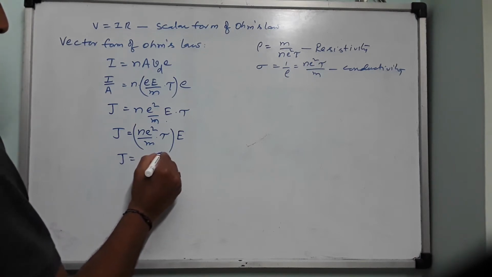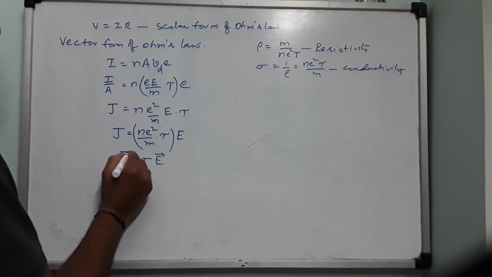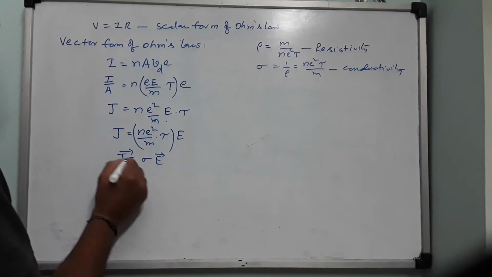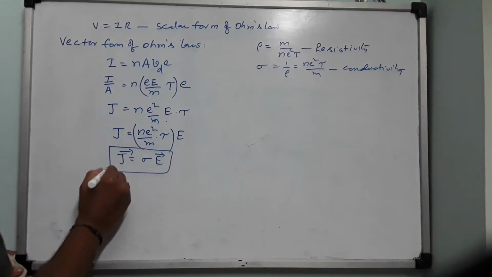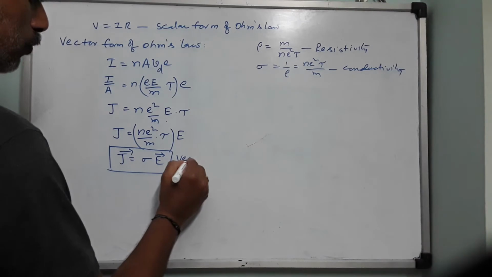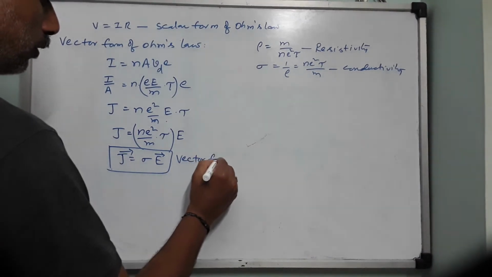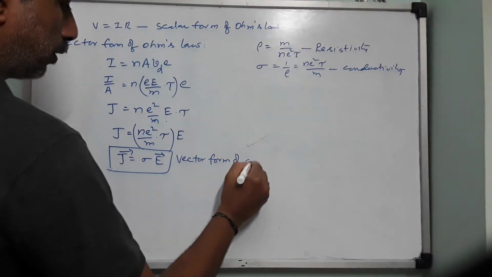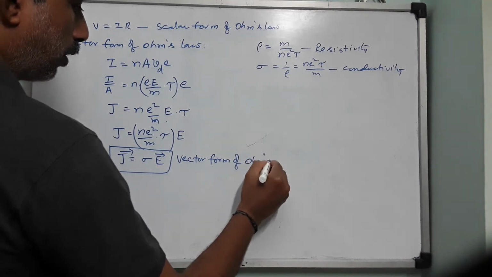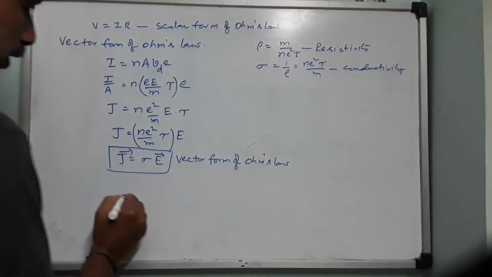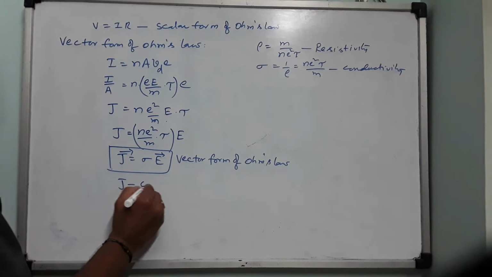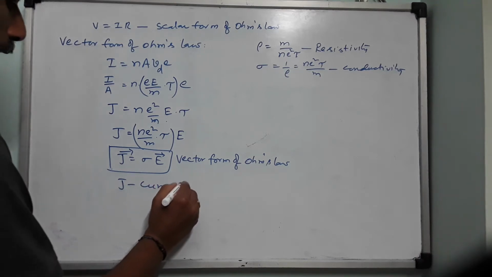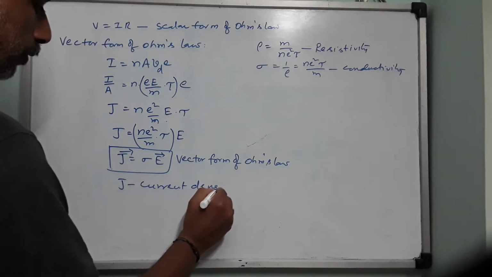So E is a vector quantity. Therefore J is also a vector quantity. Sigma is a scalar quantity. This is known as vector form of Ohm's law, where J is known as current density.